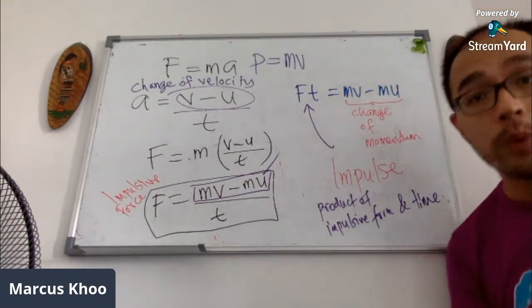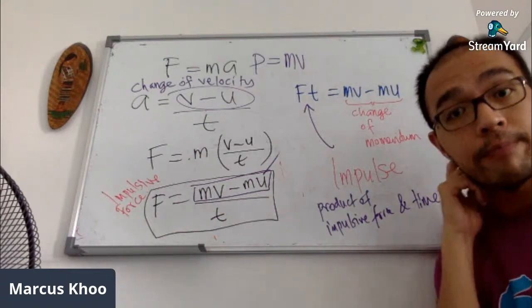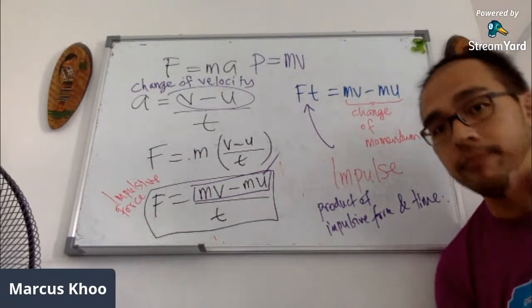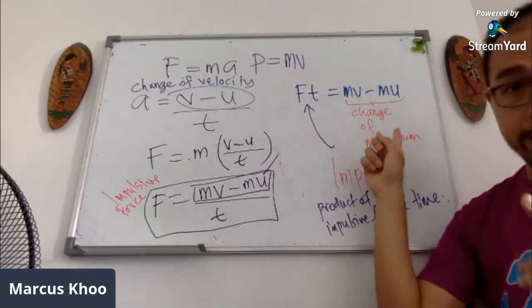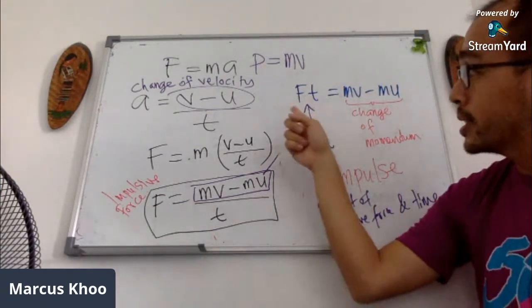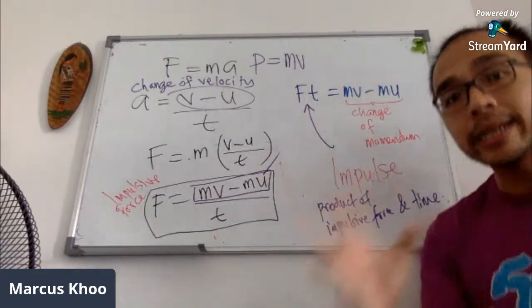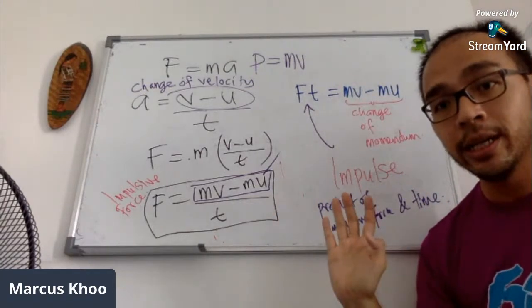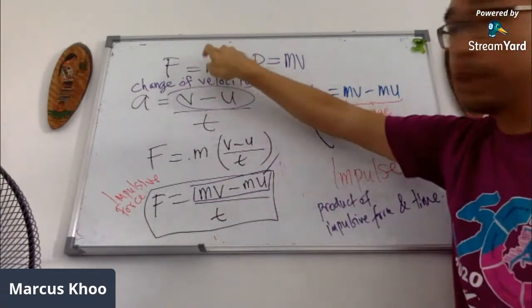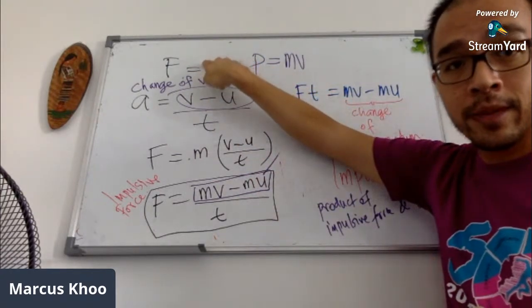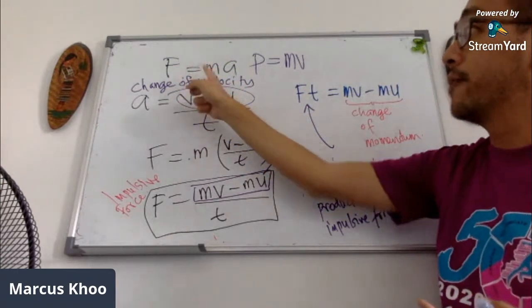So there are two ways to calculate impulse, either using change of momentum or using the impulsive force multiplied with the time. But everything that we are doing here starts with this formula, Newton's second law, F equals ma.